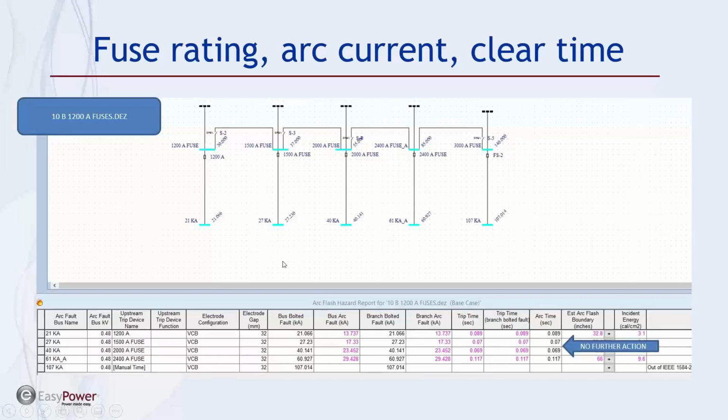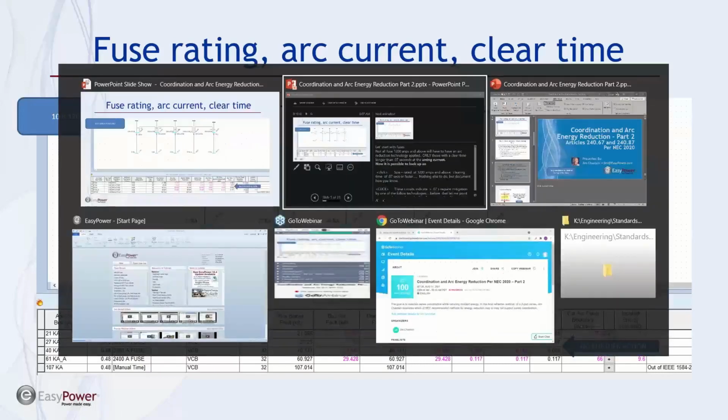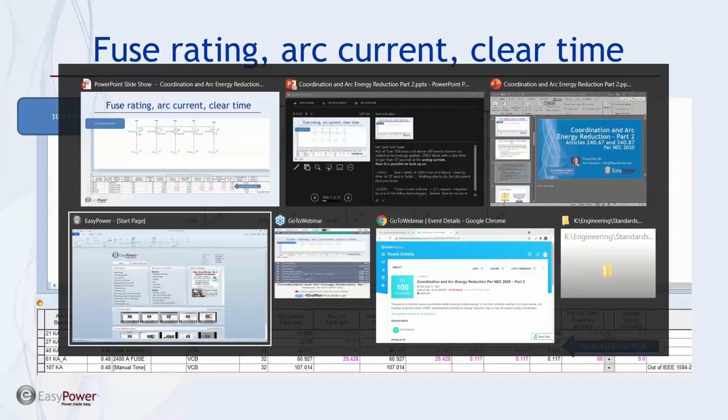What we're looking at is anything that's 0.07 or faster, which includes these two middle fuses. There's no further mitigation required as far as the standard. So let me open up this example and we'll talk about it.